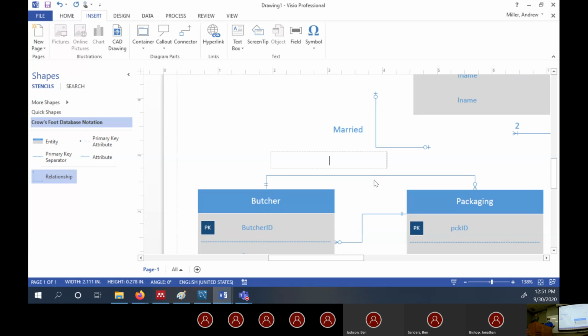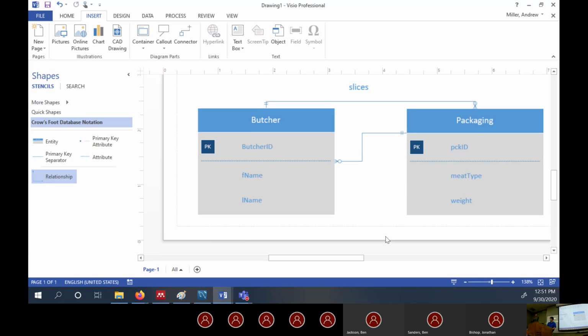Well, the butcher does, so we call this first relationship slices. So they slice the stuff, the meat. And then what would this other relationship be? Any ideas for what that could be?